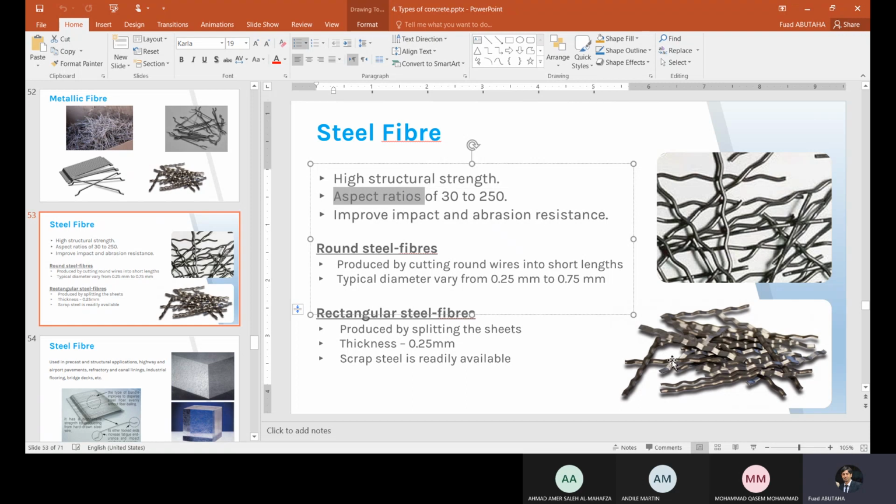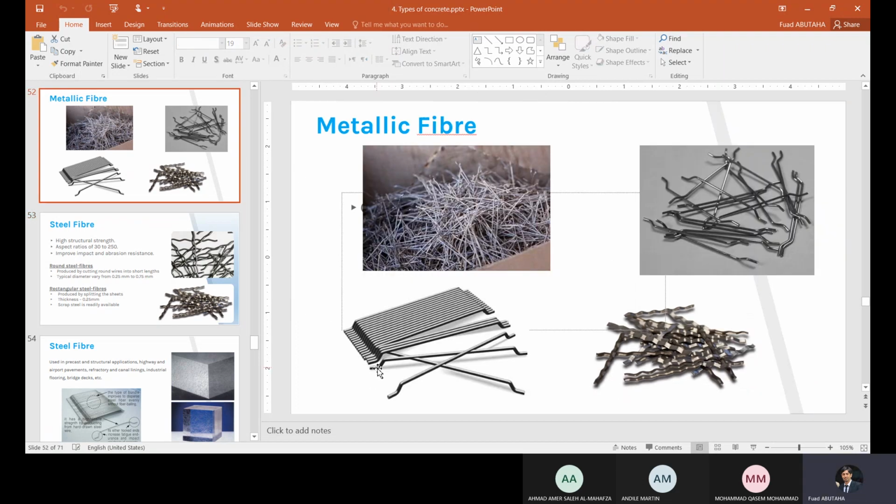Aspect ratio, as I said, relates to the length of the fiber itself. With the same material, steel fiber, the length will affect differently. The longest fiber will behave differently than the shorter fibers.